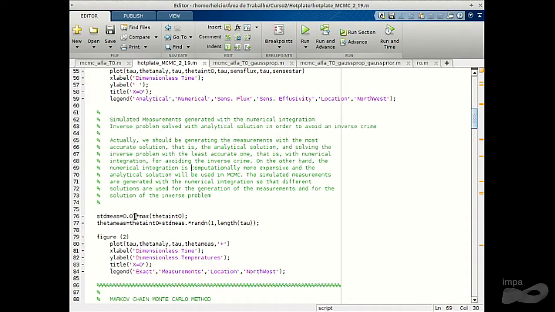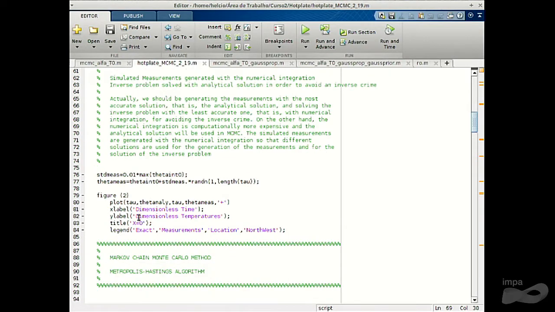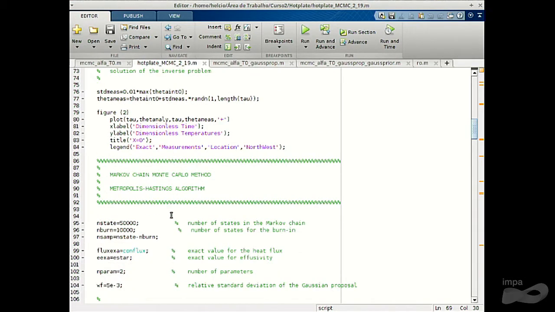Now I'm going to generate measurements with a standard deviation which is 1% of the maximum temperature. So this will be the exact and dimensionless temperatures, and let's start the Markov chain Metropolis-Hastings algorithm.